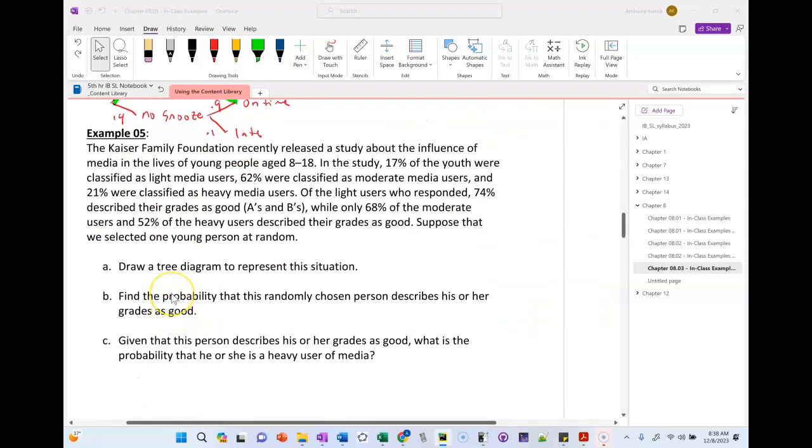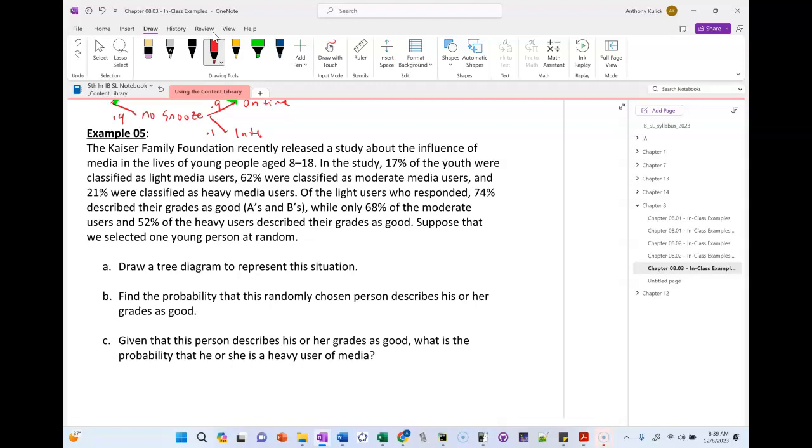Diego, you're going to help me draw the tree for this complicated looking thing that has a whole paragraph. So, assuming 3 options at the start.